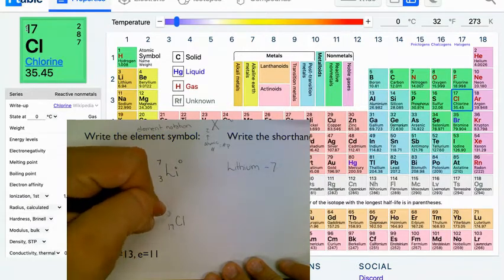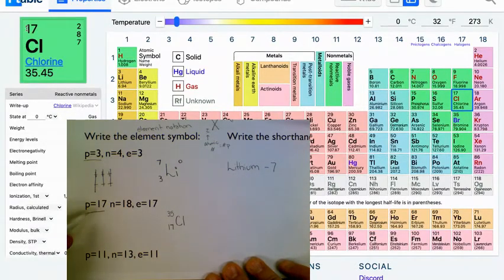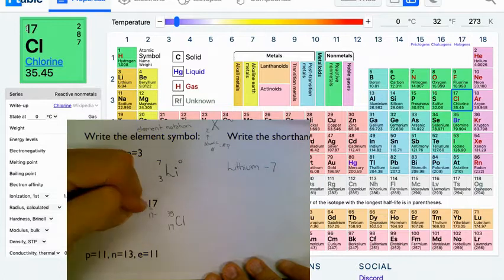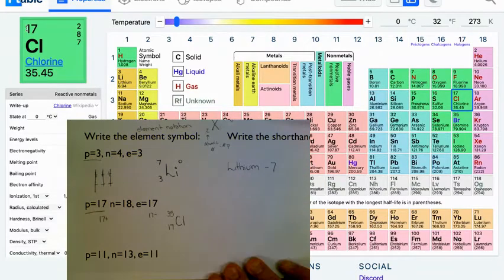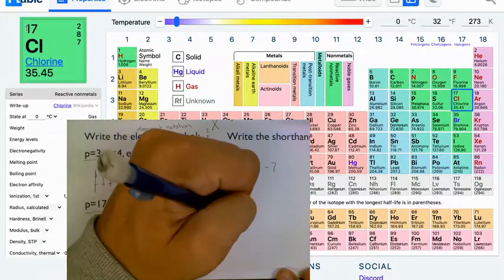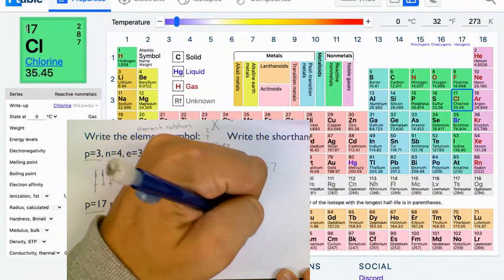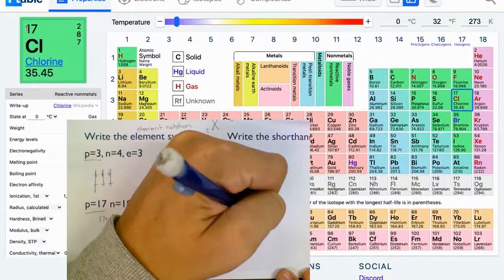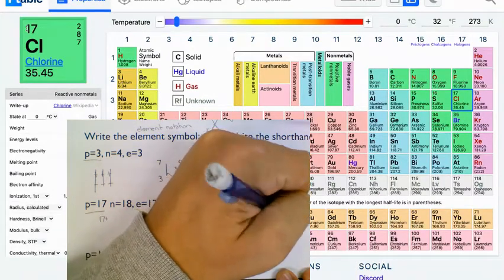So you should have 35. And then if I look at my charge, I have 17 positives and I have 17 negatives. Therefore, my charge is going to be 0 because each one's going to cancel each other out. So your answer should be, for shorthand, chlorine 35.